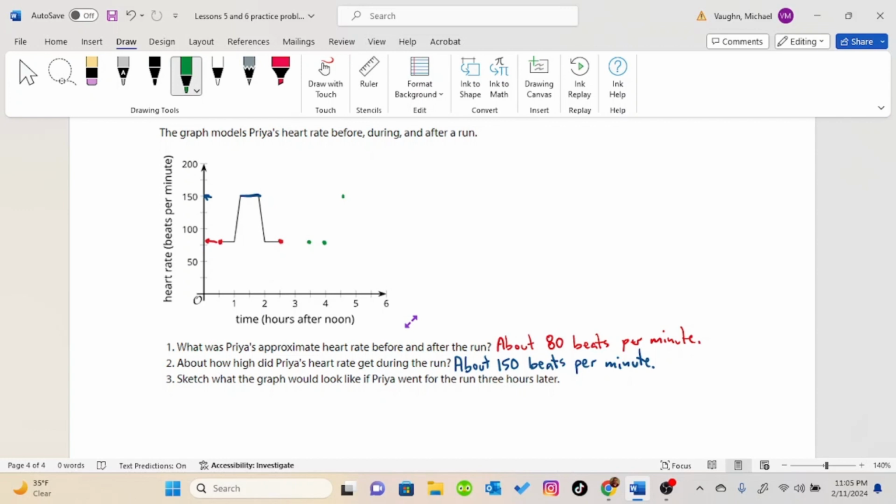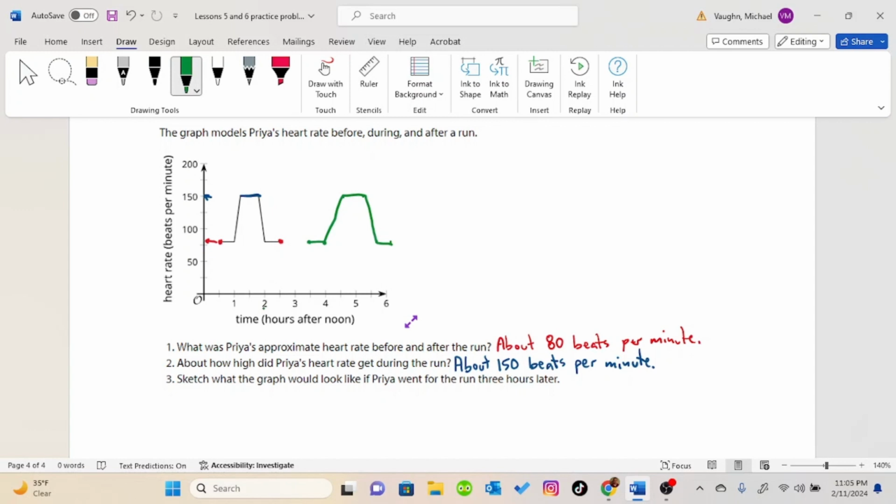We stay there for a little bit, and then we come back down and we finish. So all we do is take the graph and shift it 3 full units to the right.